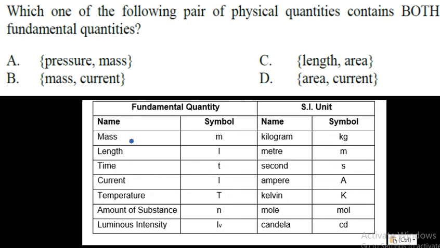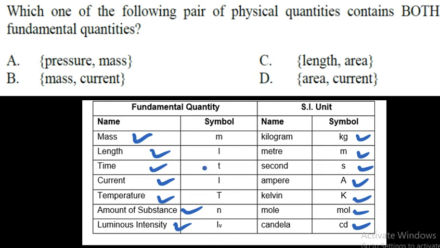What are they? Mass, measured by kilogram, and length by meter, time, second, current, it is ampere, and temperature, it's Kelvin, amount of substance, it's mole, and luminous intensity, that's candela. These are the 7 fundamental or basic physical quantities.